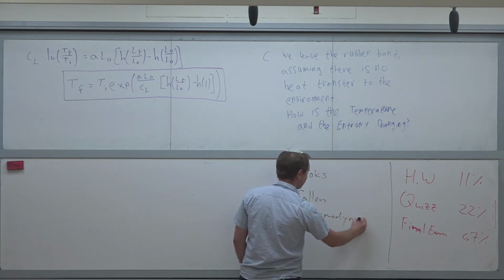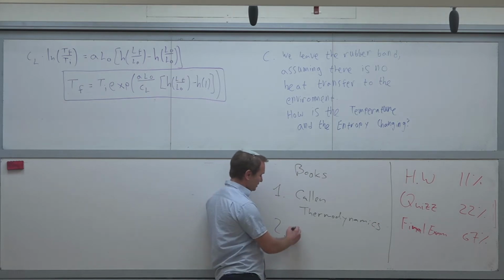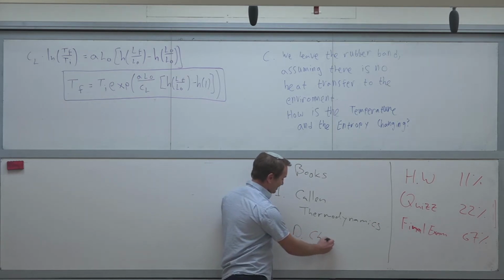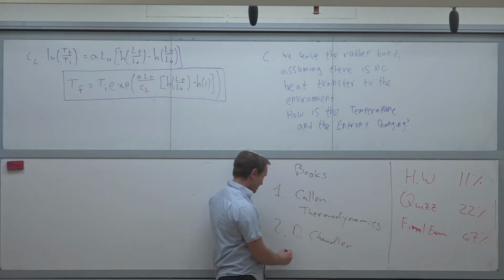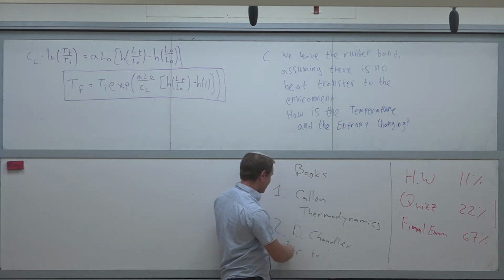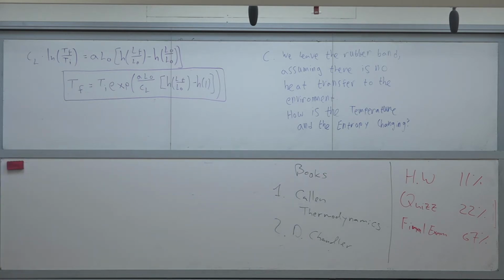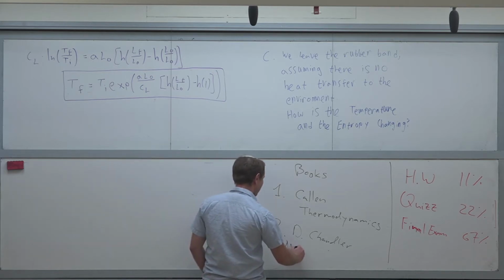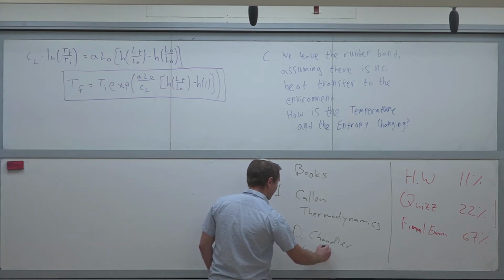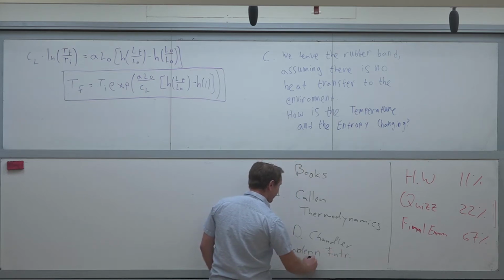The second book is by David Chandler, named Modern Introduction to Statistical Mechanics.